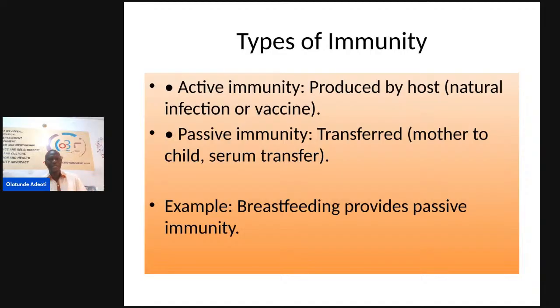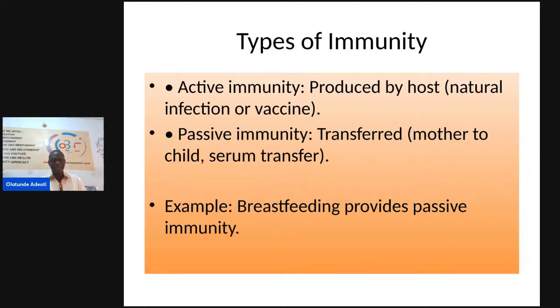Sometimes your body is able to fight against infection naturally without any foreign help, that means you are active. That is active immunity. And when your ability to fight infection is as a result of a vaccine, that is still part of active immunity.